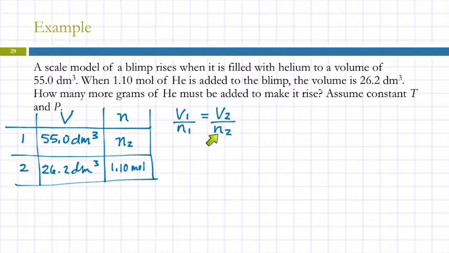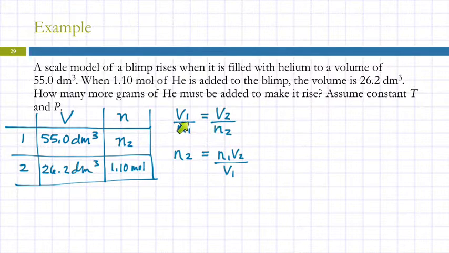So what I'm going to do, rearranging in my head, is put this one on the top and that one on the bottom, and move that one up. It's not voodoo magic, but it kind of looks like it.